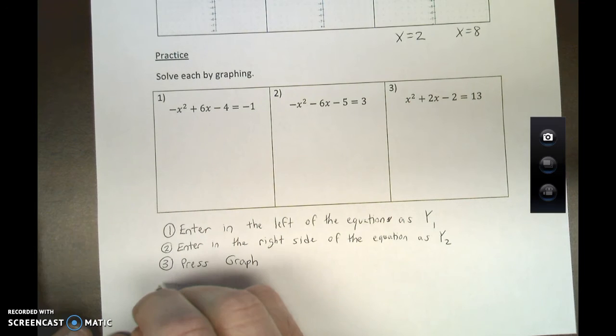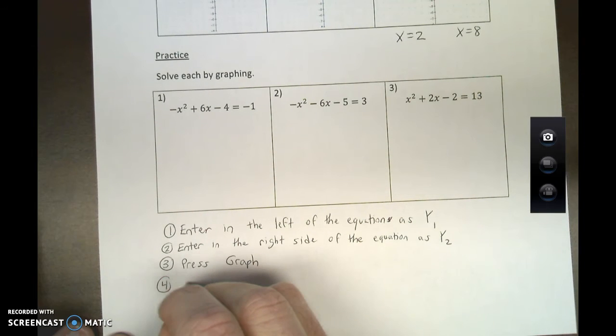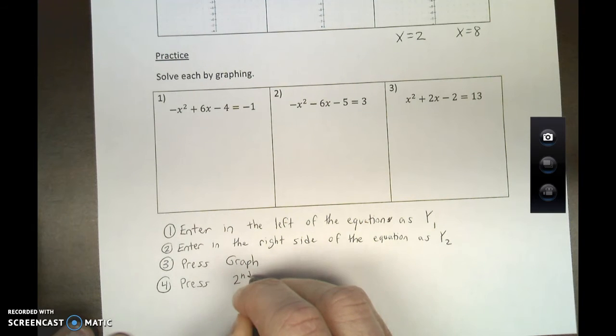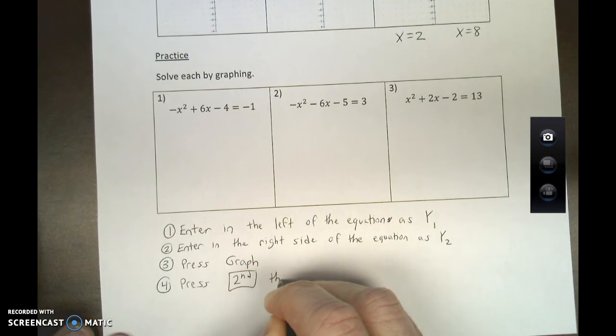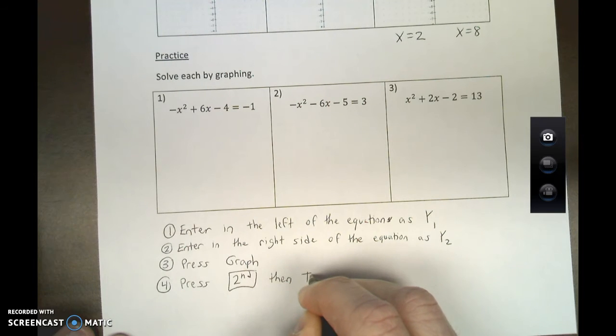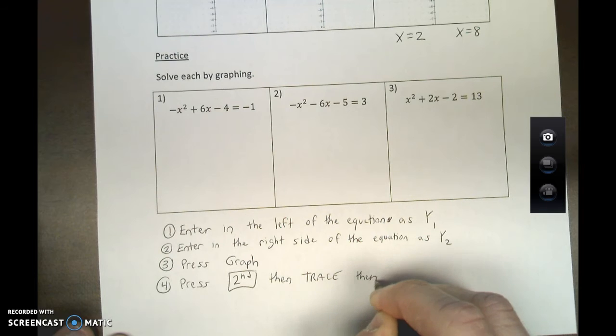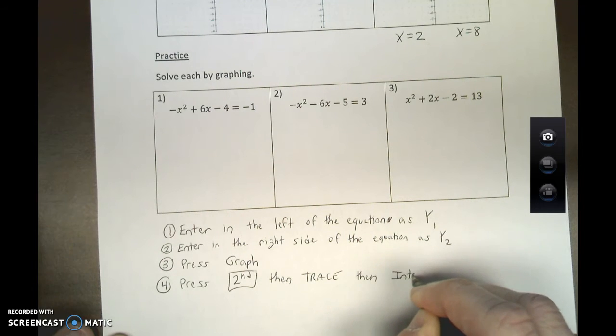After we press graph, we're going to press the second key. Then trace. Then intersect.